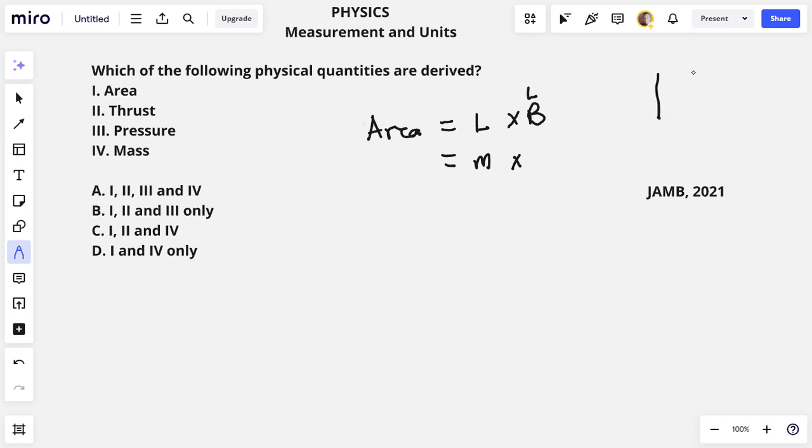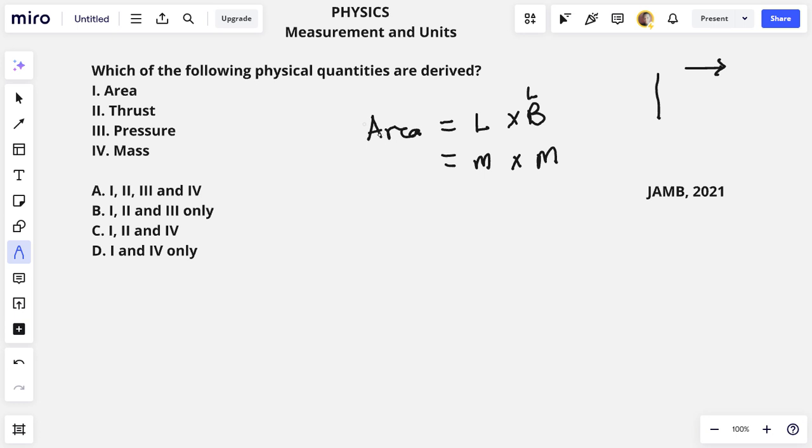Vertical means like this, horizontal means like this. So when we say length in its basic meaning, it means horizontal distance or measure. When we talk of breadth, we are talking about the vertical part of it, but it's still a length, and the unit for measuring breadth, which is also a length, is meter.